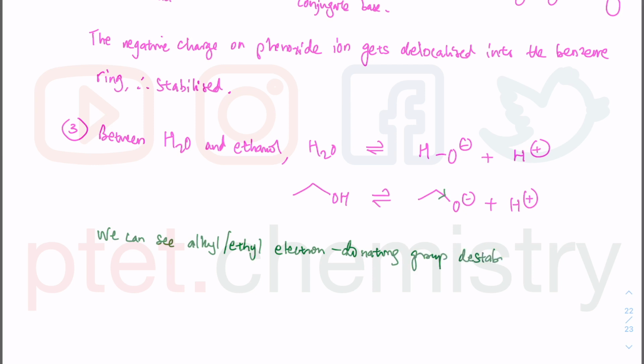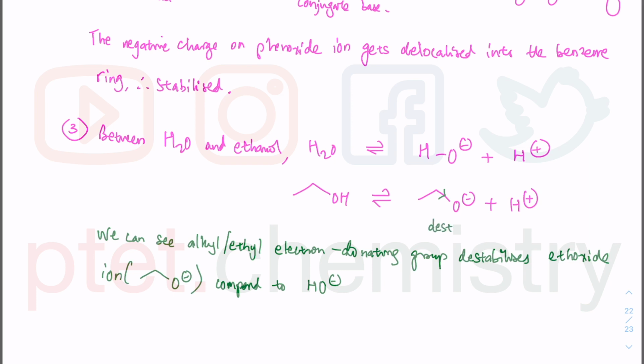destabilize the ethoxide ion, which is basically CH3CH2O minus, compared to HO minus. So this doesn't get destabilized, this gets destabilized.